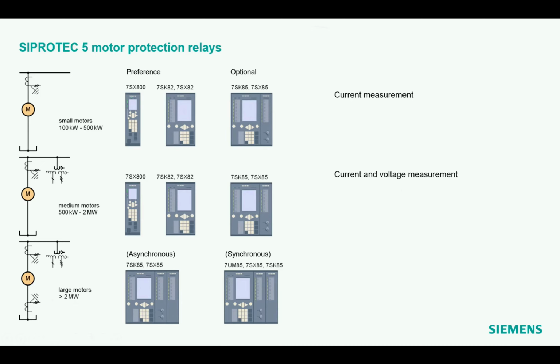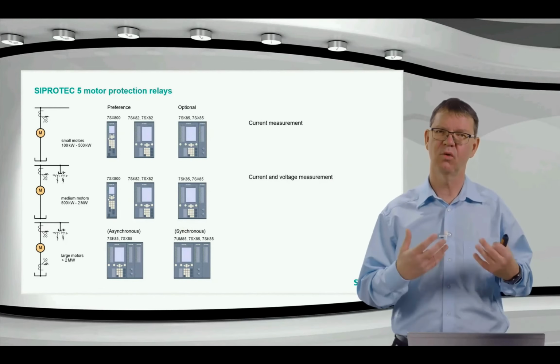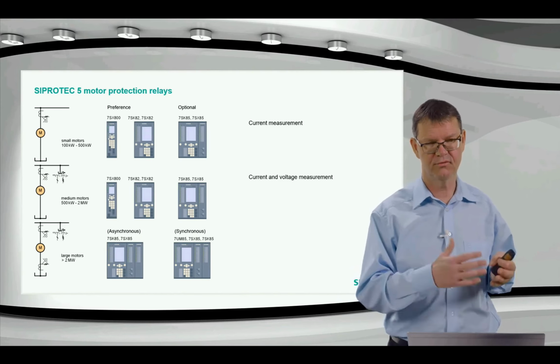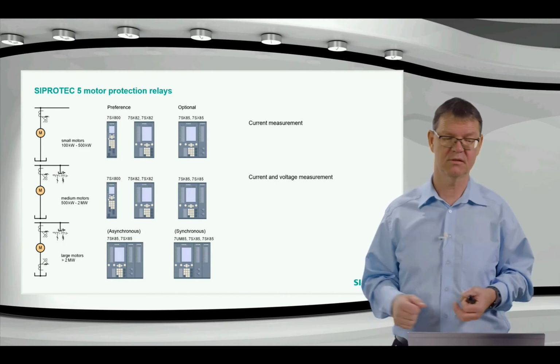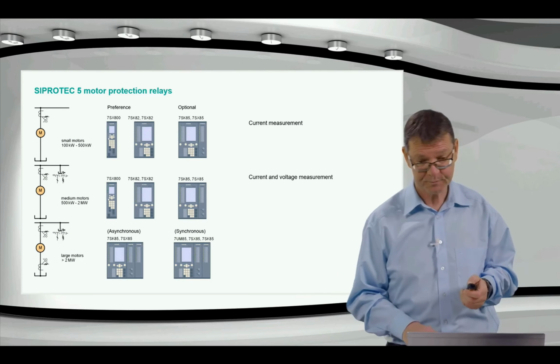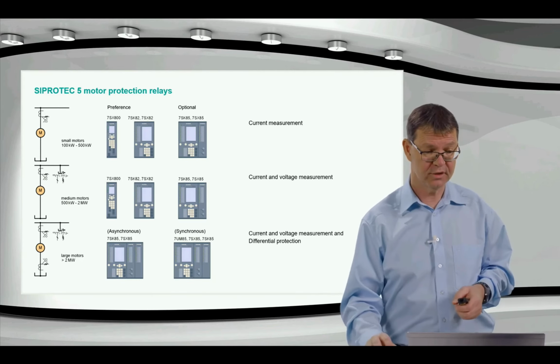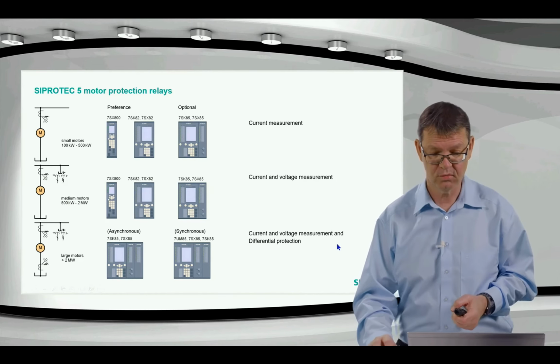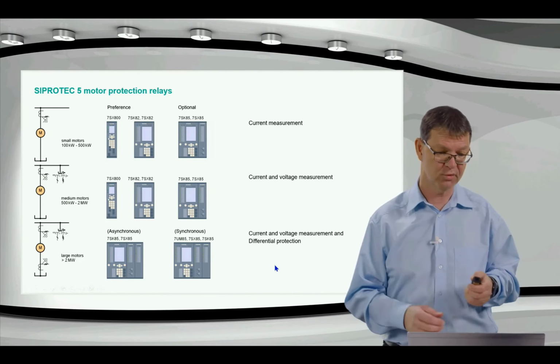SX maybe is interesting if you want to standardize your device family, then you have just the 7SX85, maybe a 7SX82. And with these devices, we can cover basically all protection functions, which we can also have in our family bound devices, so the motor protection, overcurrent protection, and so on. Okay, here additionally, the possibility to add more hardware for the second current transformer, and then we can make a differential protection.